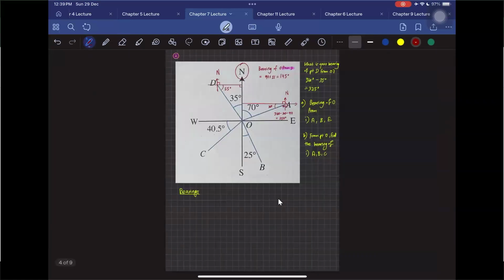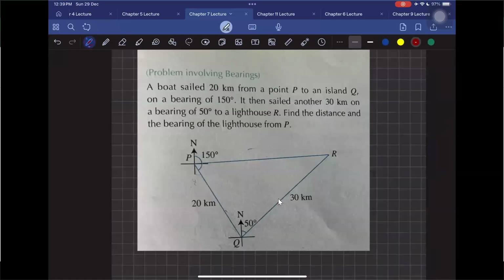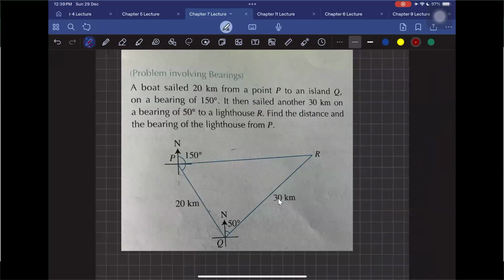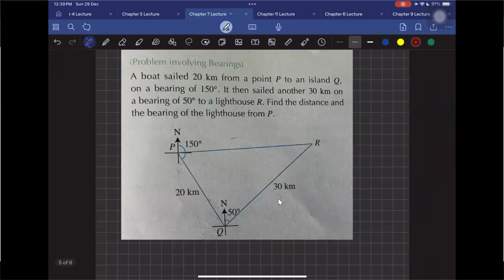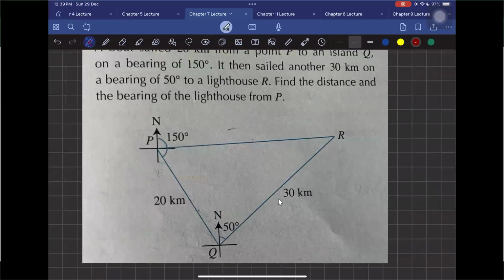Okay, so that is your bearings concept. Now let's look at a problem involving bearings. You're given that a boat sailed from point P to island Q and the distance is 20 kilometers, and you're also given that on a bearing of 150 degrees.